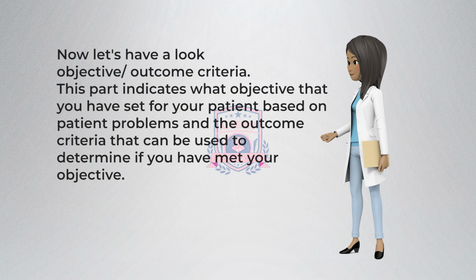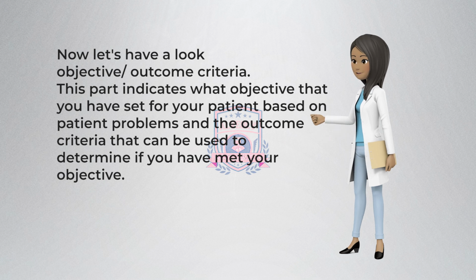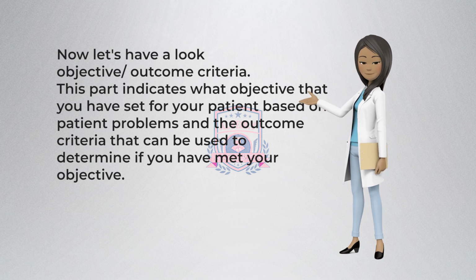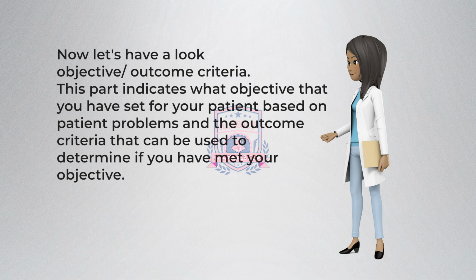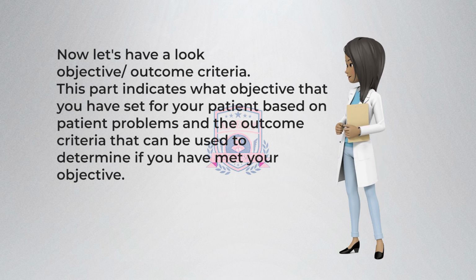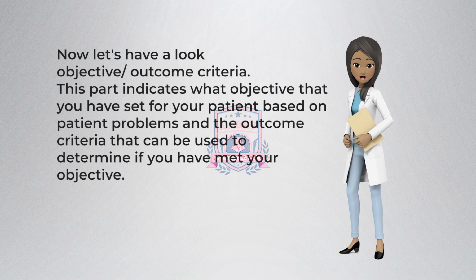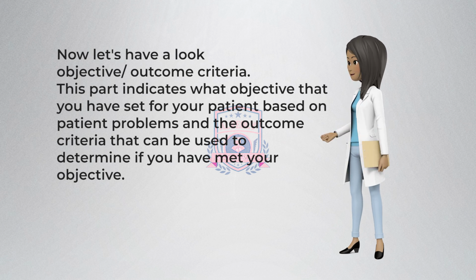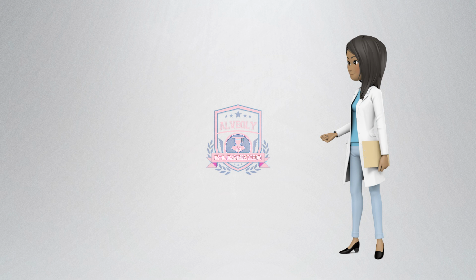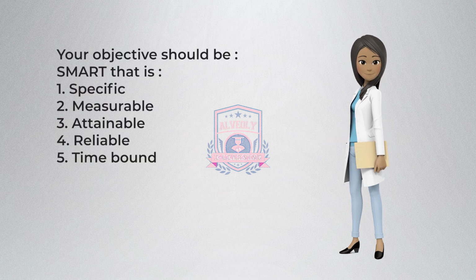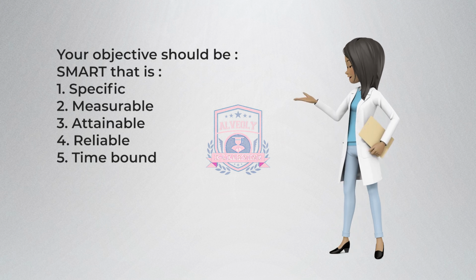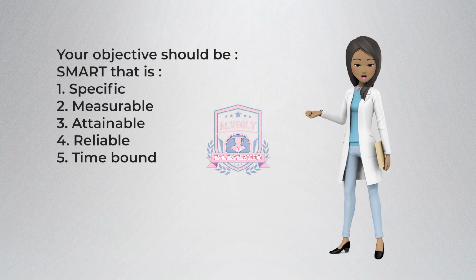Now let's have a look at objective and outcome criteria. This part indicates what objective you have set for your patient based on the patient problems, and the outcome criteria that can be used to determine if you have met your objective. Your objective should be SMART, that is 1. Specific, 2.